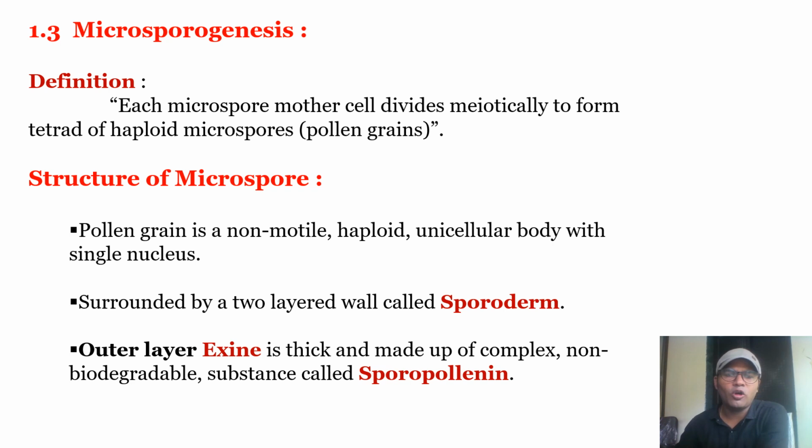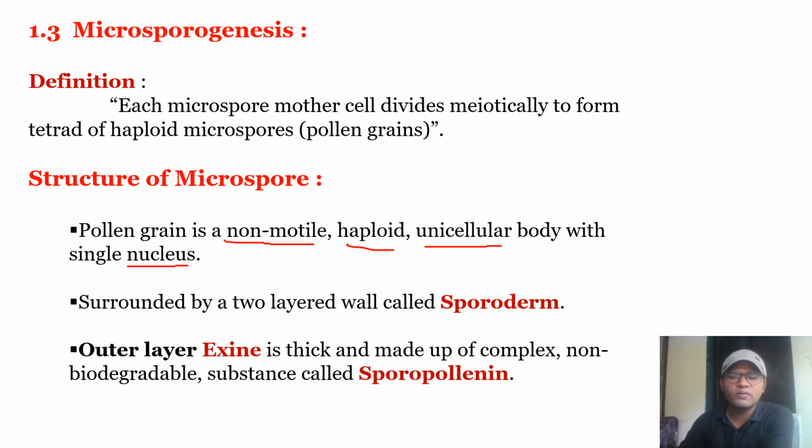So what is pollen grain or what is microspore? Microspore or pollen grain is a non-motile, haploid, unicellular and uninucleated structure. It means it can't move from one place to another by itself.